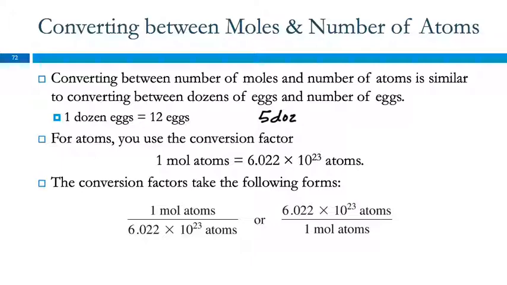But we can also write it out. So 5 dozen, and we want to figure out how many eggs there are. We're going to use a conversion factor relating eggs and dozens. And we're going to have the dozen on the bottom because we want that unit to go away. And then we write, well, there's 12 eggs in 1 dozen, and then you do the math and you get 60 eggs.